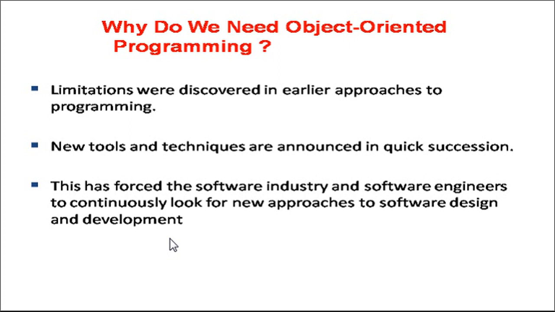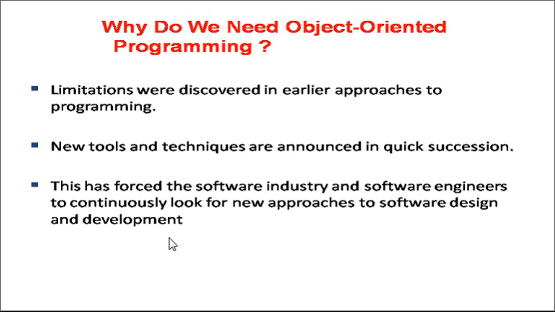programming approaches, and this leads to development of new tools and techniques in very quick time. Now, when we say software development, it's a huge task which is to be done by the team members, right? So the software industry and software engineers realized a need of a new approach for developing software, so that the software can be developed easily, right?